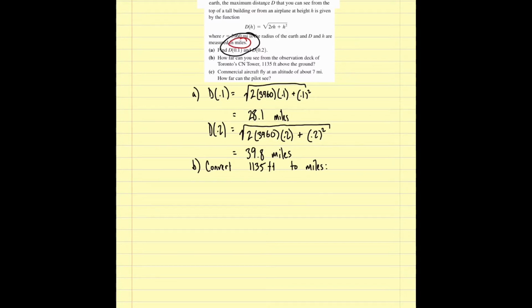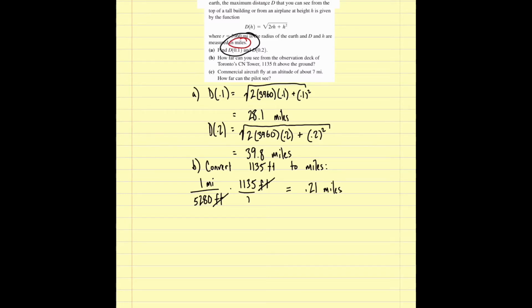We're going to do a lot of conversions. 1 mile is 5,280 feet, and we want to clear out the feet, so we put it over 1. The way this works is you multiply straight across, then divide. So cancel out the units, and this would come out to 0.21 miles.